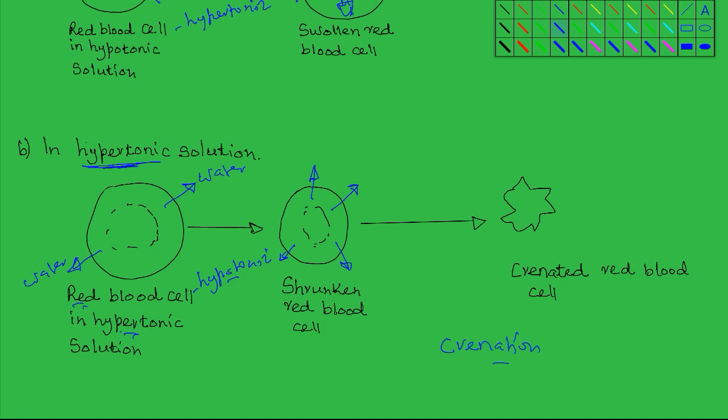Now remember, within the body of animals, cells rarely become hemolyzed or crenated. Why?